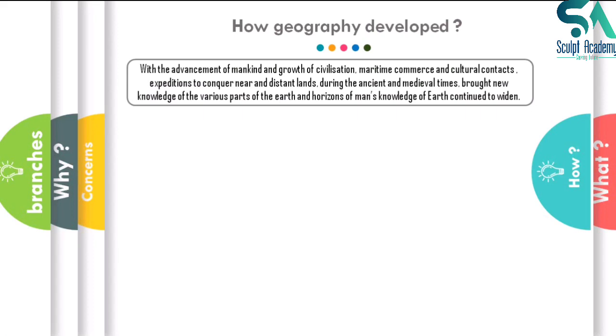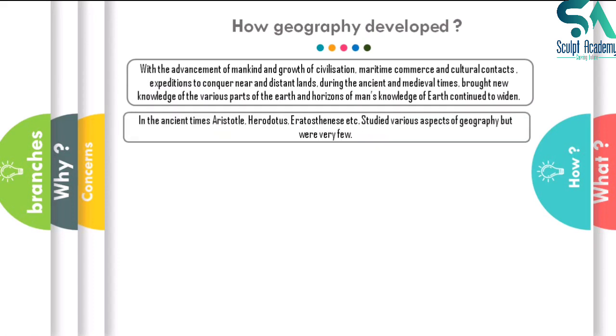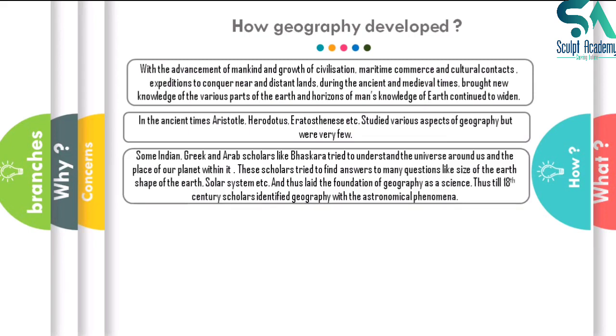during his expeditions. Apart from these, in the ancient times, Aristotle, Herodotus, Eratosthenes, etc. studied geography, but the number of such geographers was very few. In the later stage, some Indian, Greek and Arab scholars like Bhaskar tried to understand the universe around us, the place of our planet within it.